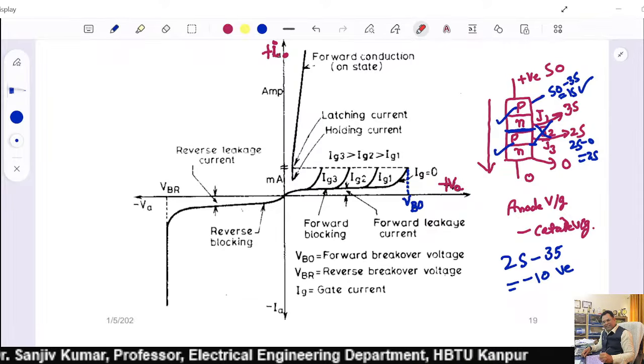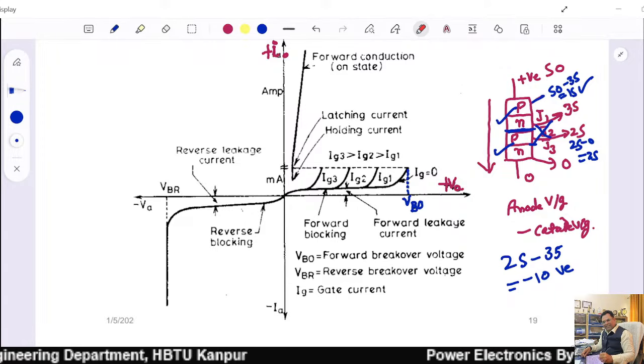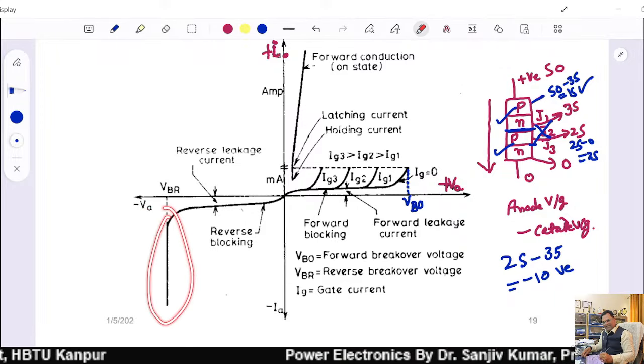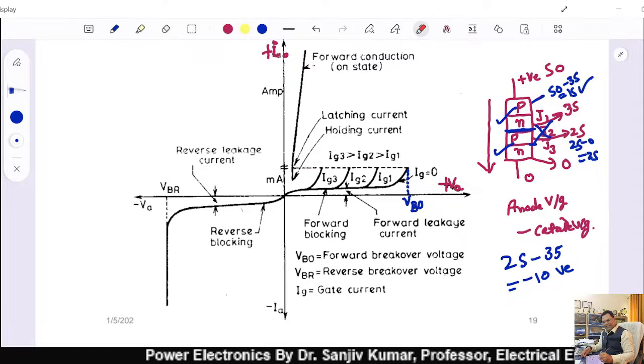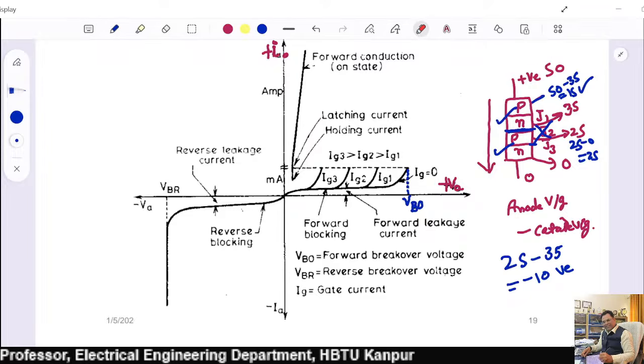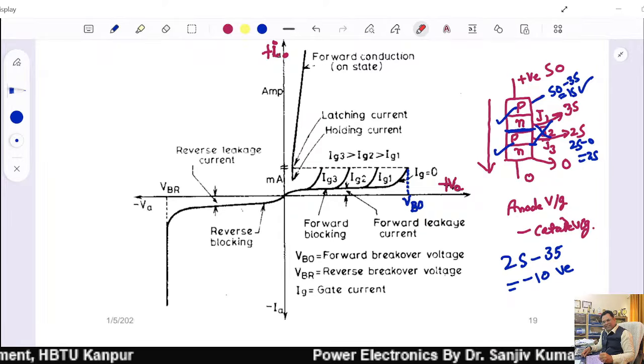Because J1 and J3 suffer from avalanche voltage breakdown, and a huge amount of current starts flowing. And this huge current is what? It is simply again VDC by R, because your thyristor gets short circuited, right? So this is all about the VI characteristic.